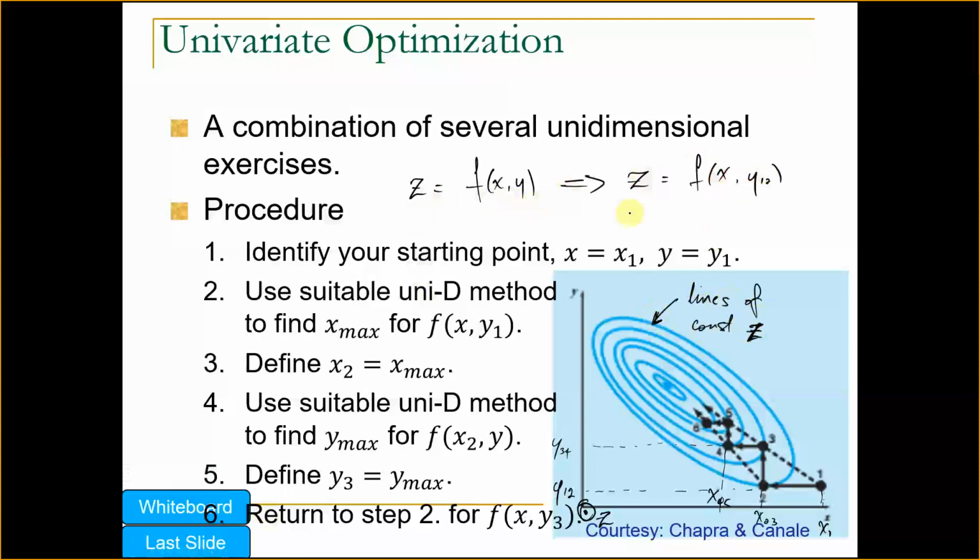So it's really z as a function of x alone. X is now a variable, y is no longer a variable. Am I clear? So that will be a line. And that line would be on this line here. Everybody see it? It would be on that line.